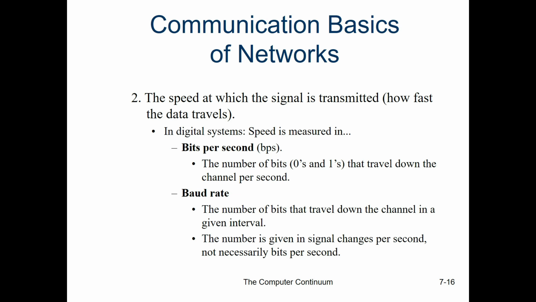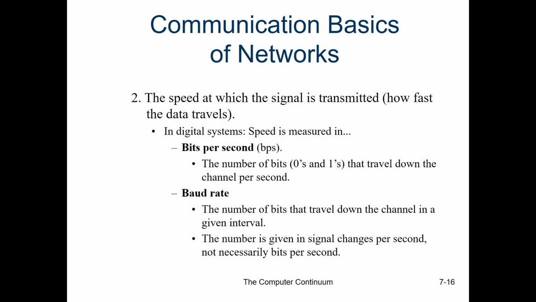Now the next thing is the speed at which a signal is being transmitted. How can we measure that, whenever you are sending some messages, at what speed is it being transferred through the medium? For that we use two measuring systems.